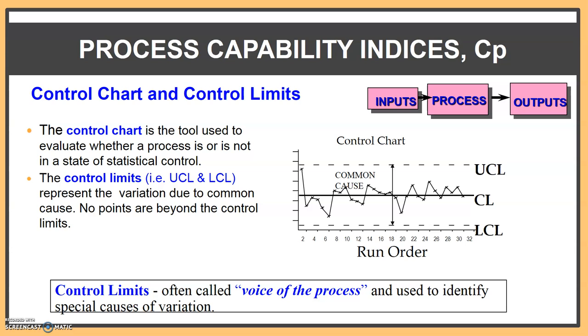That means a control chart needs to have the UCL and LCL. UCL and LCL are the voice of the process. How well your process is doing is based on the control limits, the upper and lower limits of your process. If your output data is between UCL and LCL, that means your process is under control and is very stable.